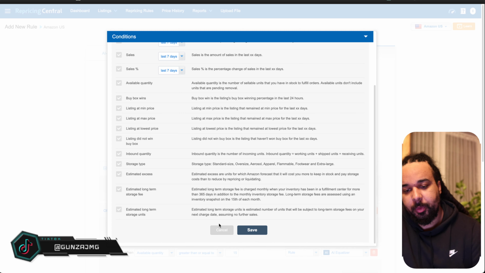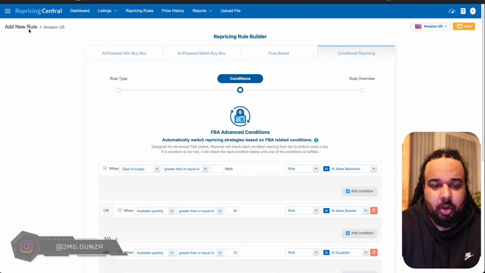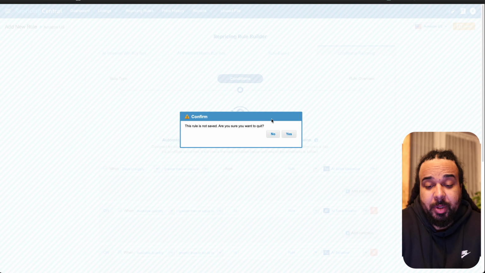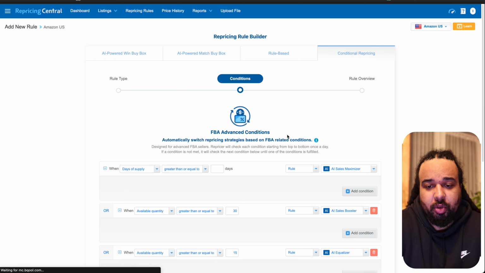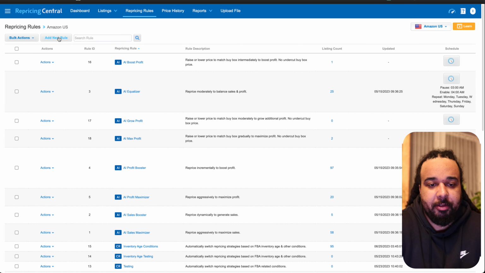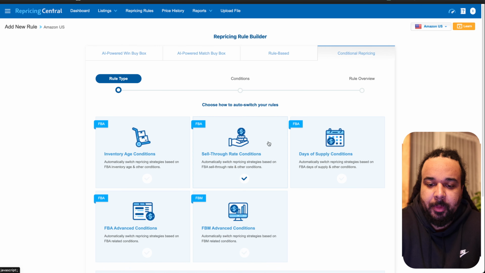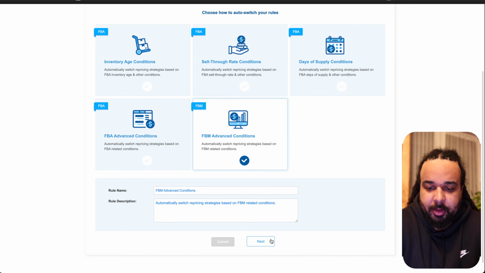The FBM rules are going to be pretty much the same. There are just a few things that are different, because you do not pay any storage fees, right? So it's a little bit different.